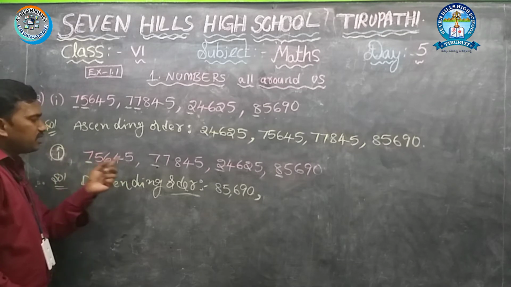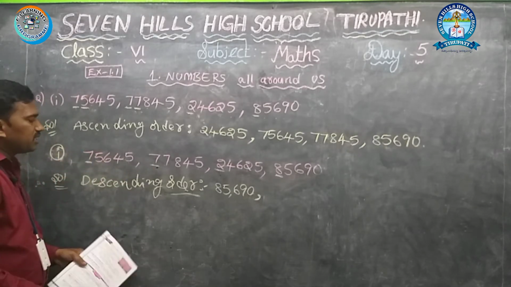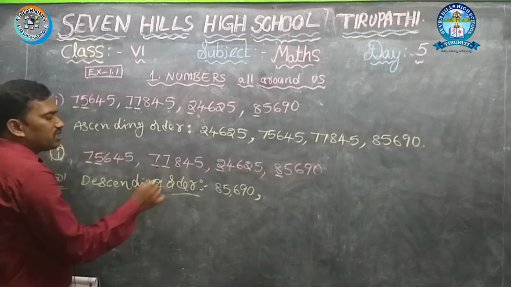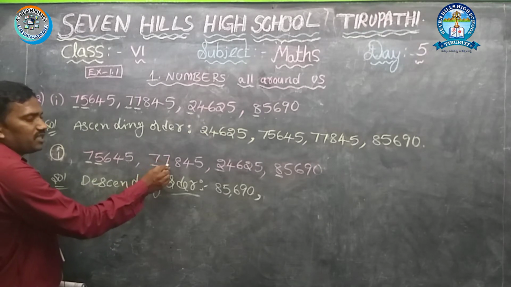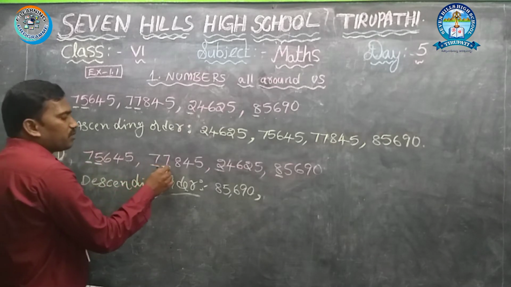After that, the biggest number: here in the 10,000s place 7 and 7 are the same. Now we move to compare the next place, the thousands place. Here the thousands place is 5 and here it is 7. We are finding the biggest number, so 7 is bigger than 5.